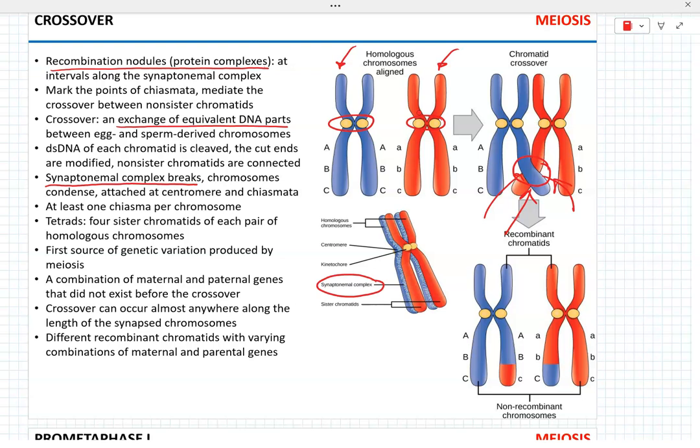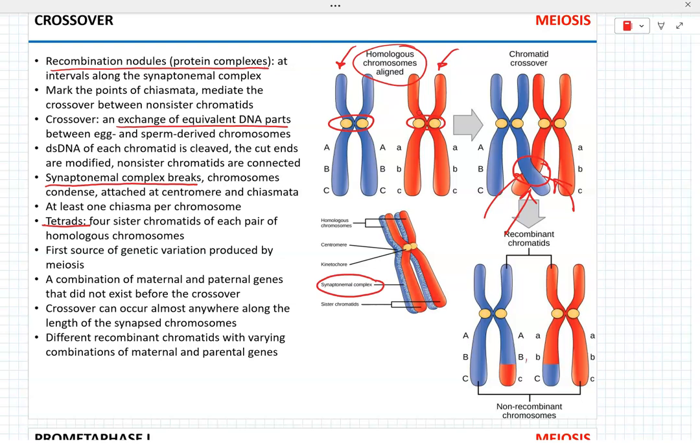Each chromosome has at least one chiasma, but often there are more than that. When you have this arrangement, two homologous chromosomes, each consisting of two sister chromatids, lying along each other, we call it the tetrad.